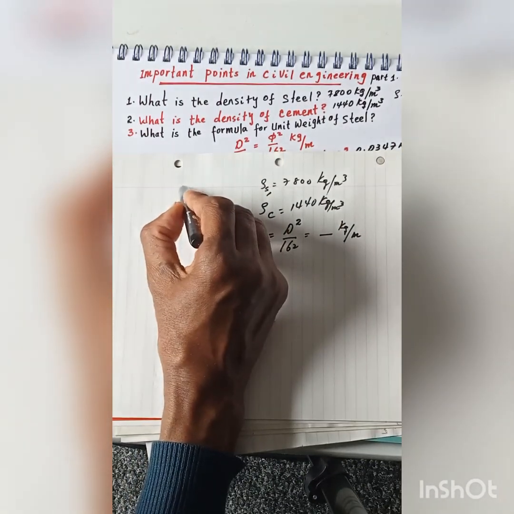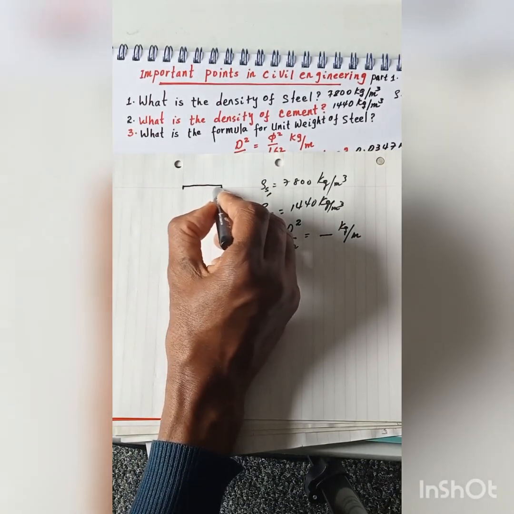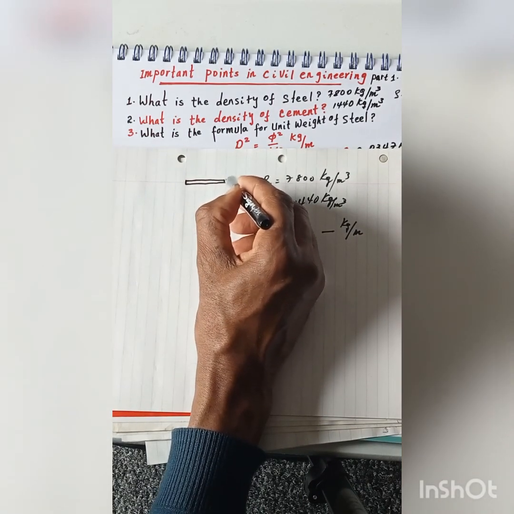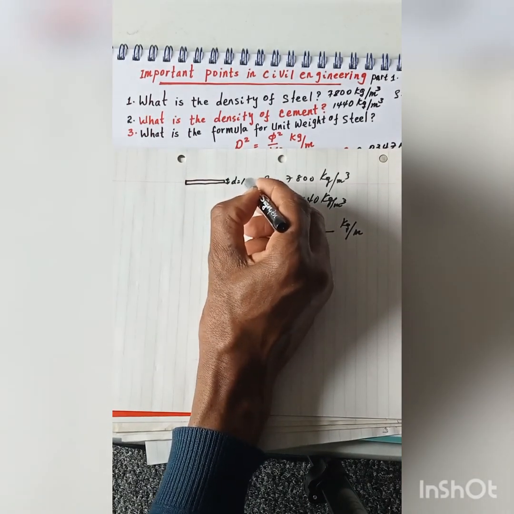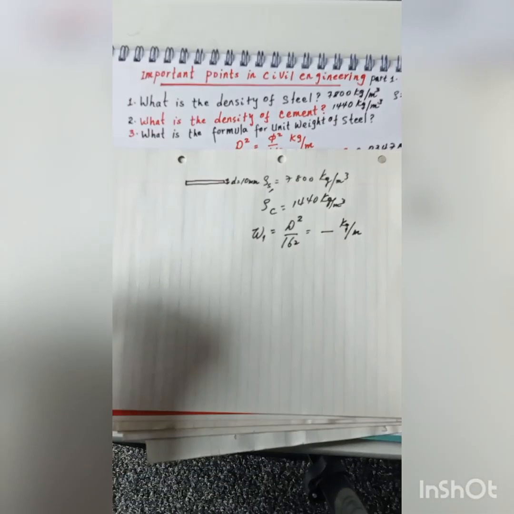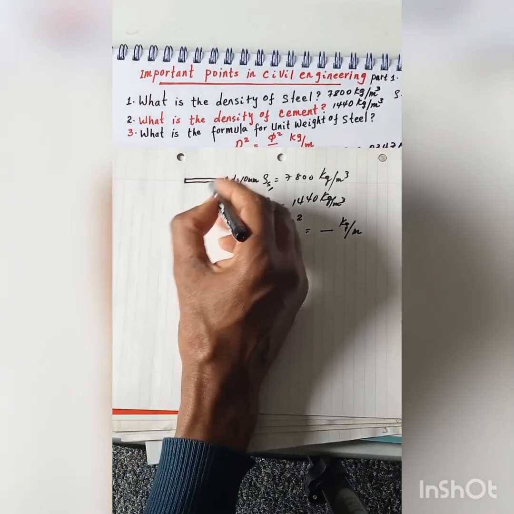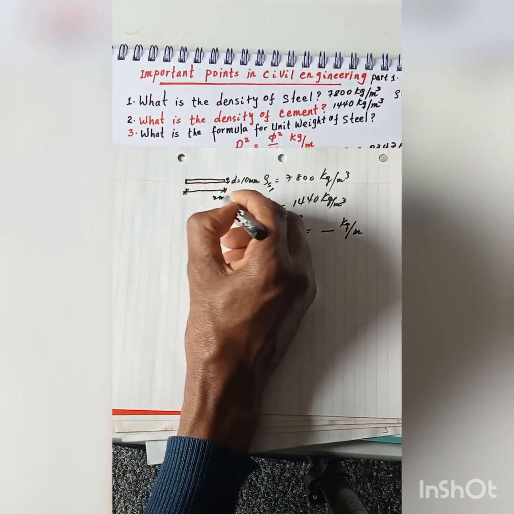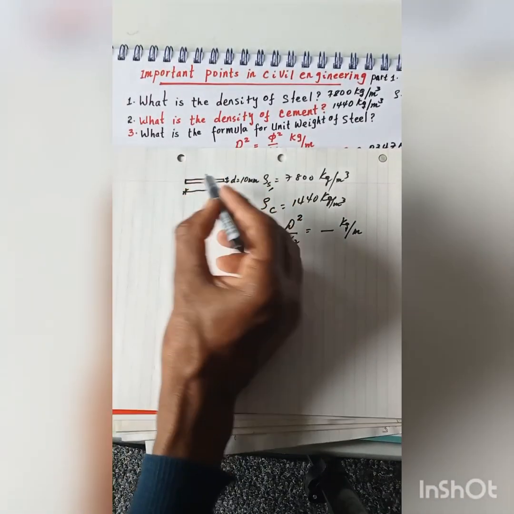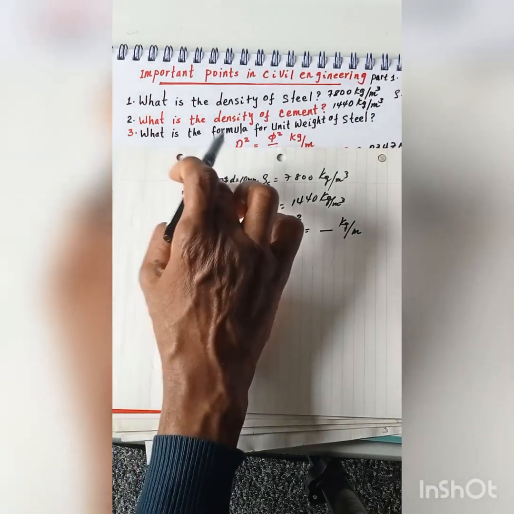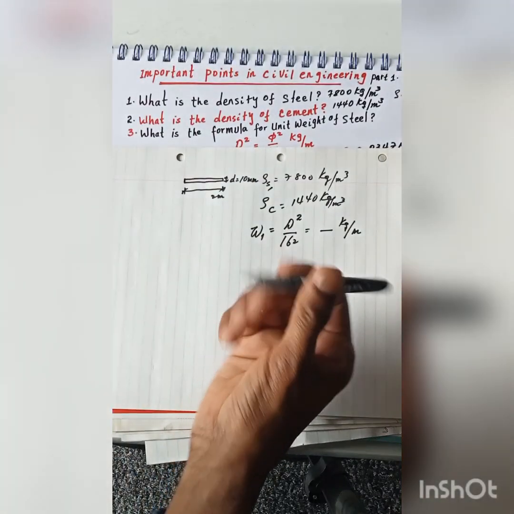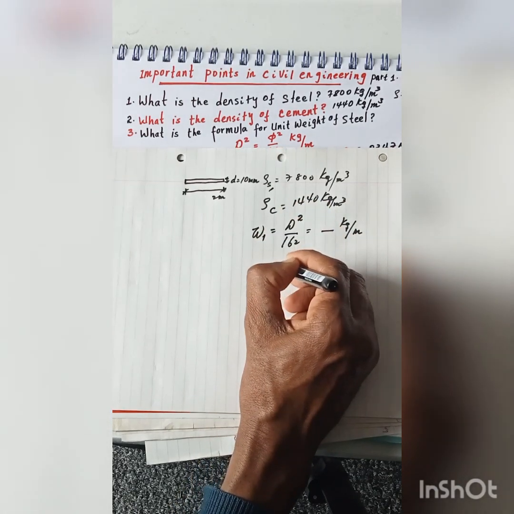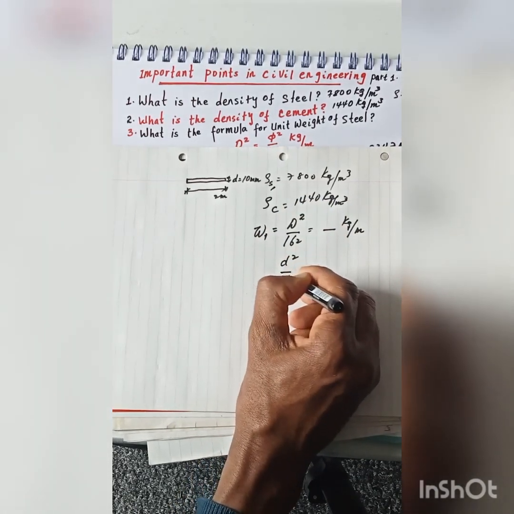For instance, this is the steel. If my reinforcement bar's diameter is 10 millimeter, and this length is 2 meter, then how can I get the unit weight of this steel? Very simple, let me use this formula. Diameter squared over 162.